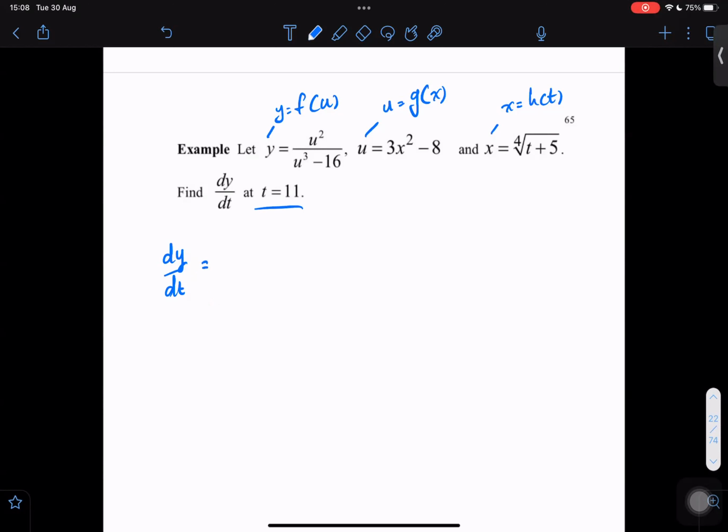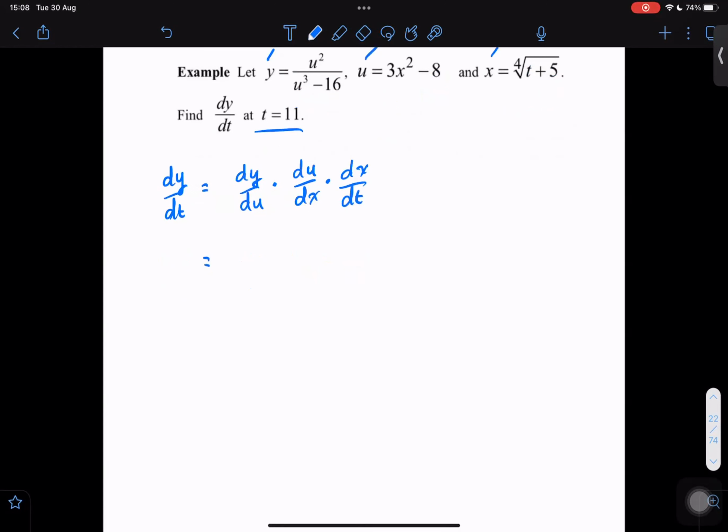dy by dt is equal to dy by du multiplied by du by dx multiplied by dx by dt. Now we differentiate, finding the derivative of each of them.